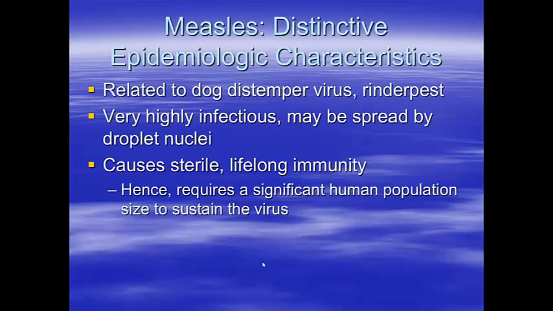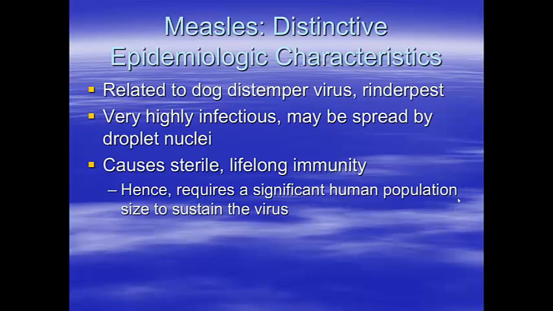This is the classic rash of measles, bright red. Measles is highly infectious. It's said to be one of the most contagious of all the infectious diseases, and can be spread by droplet nuclei. As a result, you need a very high level of vaccine coverage in the human population if you want to prevent measles outbreaks.